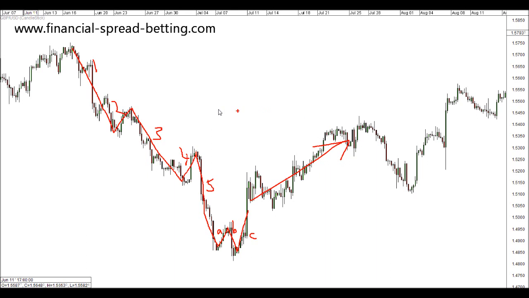The third and final ABC correction formation we will look at in this video is the triangle pattern. And generally we won't just have 3 waves, A, B, C, but anywhere from 3 to 5, or perhaps even more, A, B, C, D, E, for example.